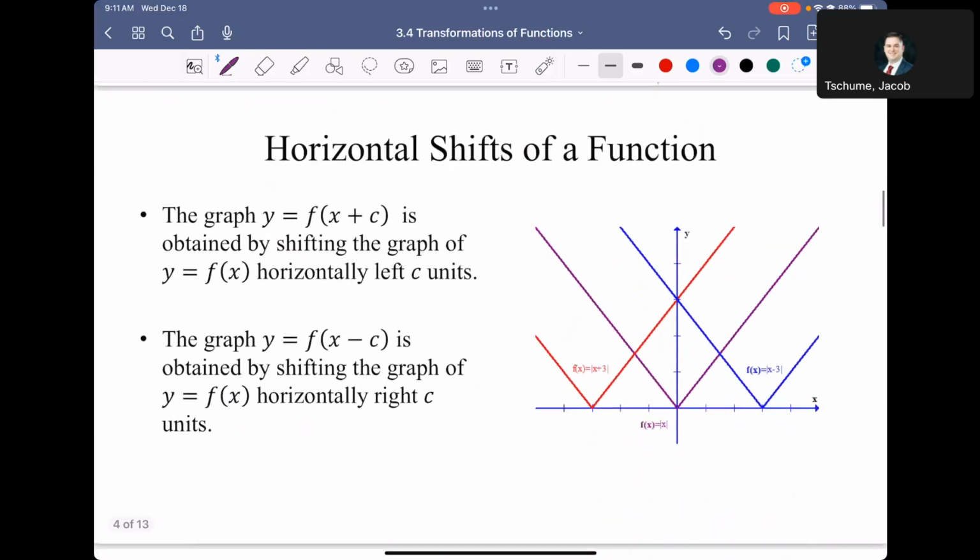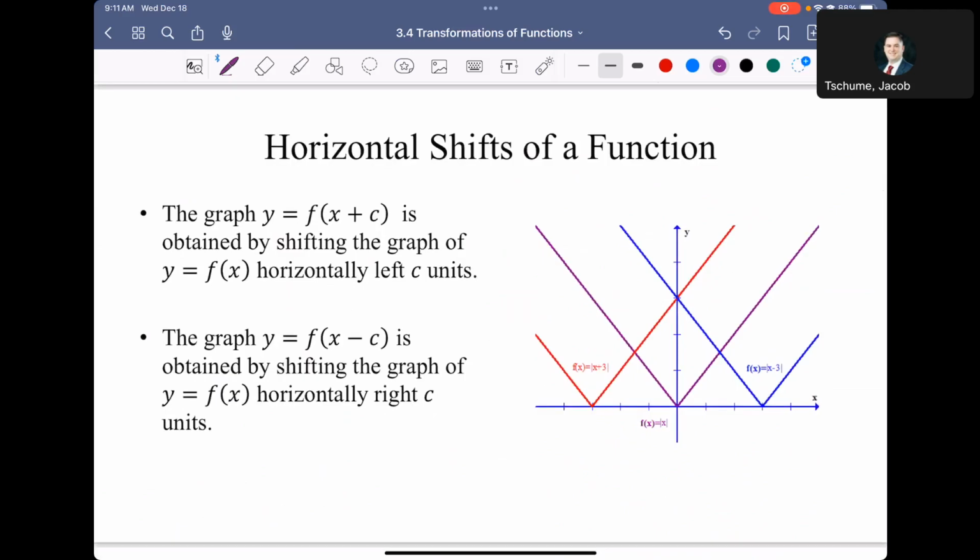The other kind of shift you need to know how to do, maybe a little trickier, is called a horizontal shift. So the difference here is instead of the number being added or subtracted outside the function, it will be added or subtracted inside the function. So you'll notice that here on this first one, if you have a plus c or a minus c inside your function, that does not mean you're going to shift up or down.